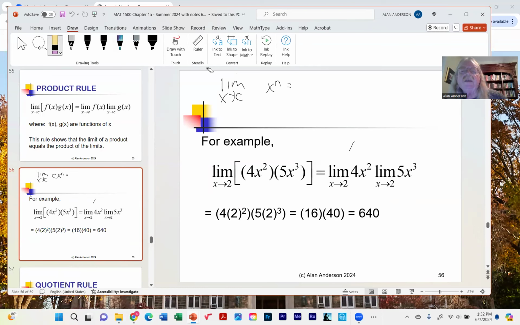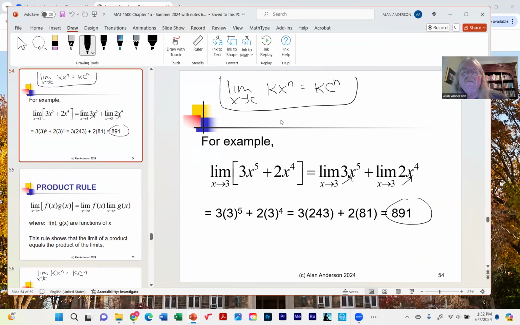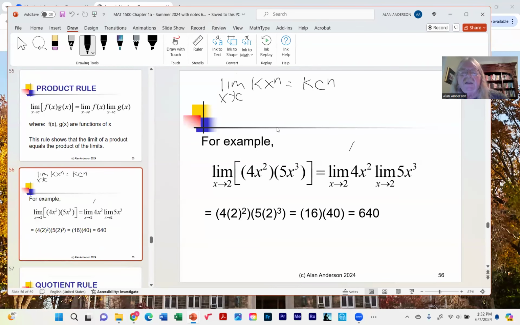Actually, no, I wanted to use a k. And so that means that the first limit is 4 times 2 squared. I plug the 2 in for the x squared, and I still have the 4 here. And then here the 2 is replacing the x cubed. And so I end up altogether with 640.